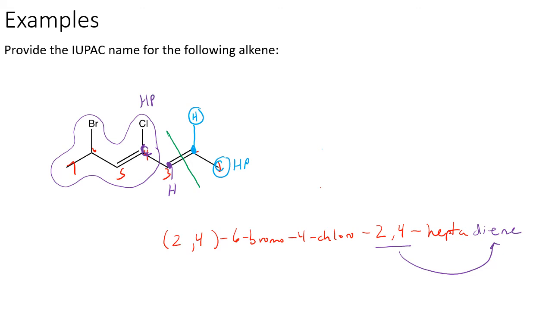So for this first one, our high priority groups are on opposite sides. So this one right here is going to be E. So we can plug that in out front. We have 2E. Now let's clear some of this away a little bit so we can look at our next double bond.